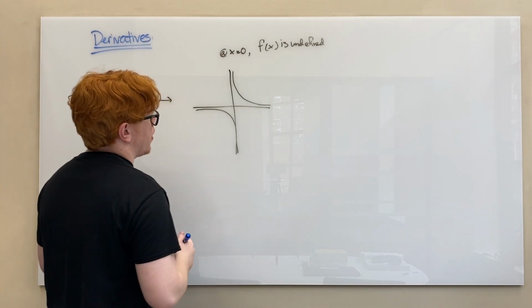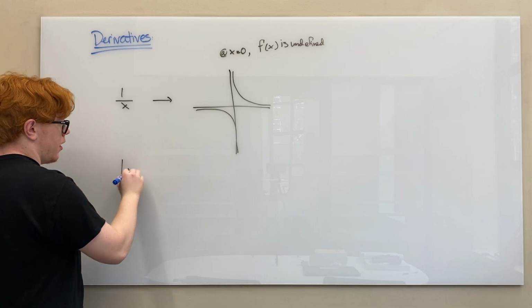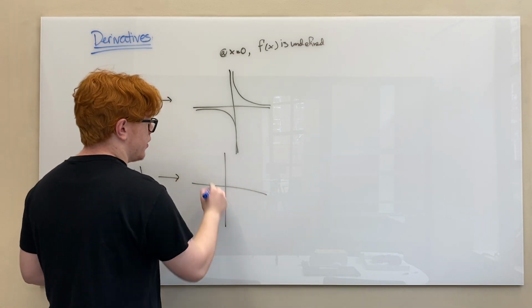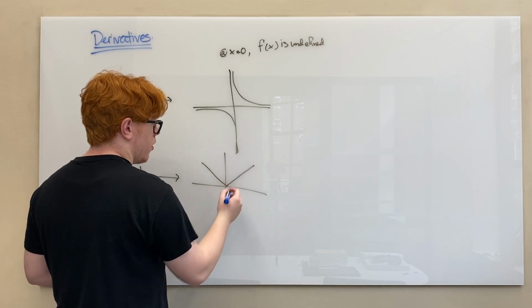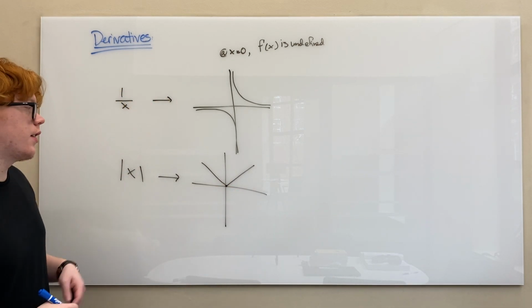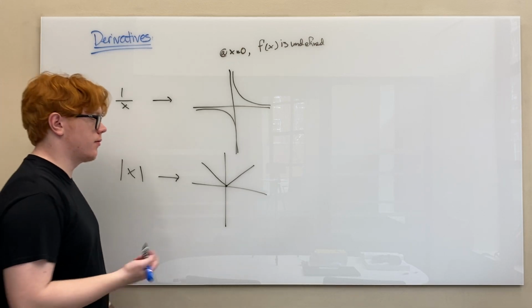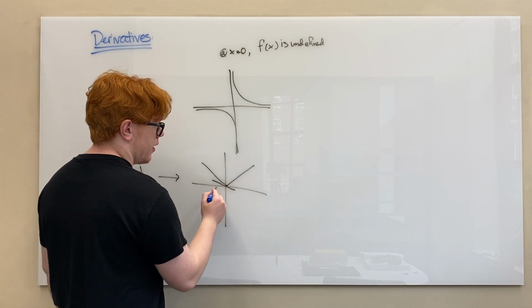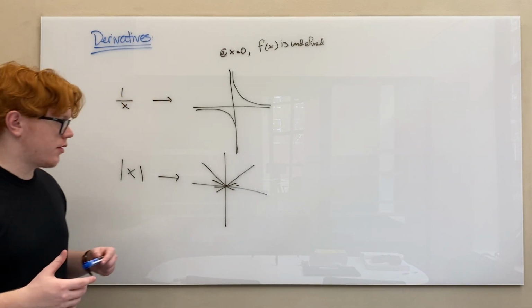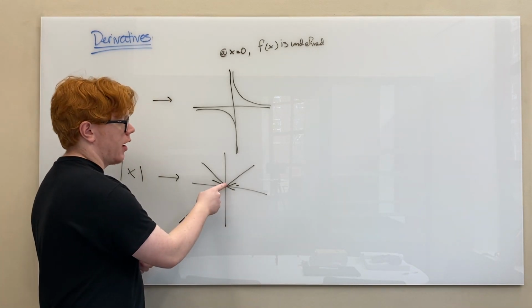Similarly, think of the absolute value of x, which is going to look something like this. We have a corner here. What's the slope there? Is it this? Is it that? Is it this? There's not a good way to differentiate at a corner.